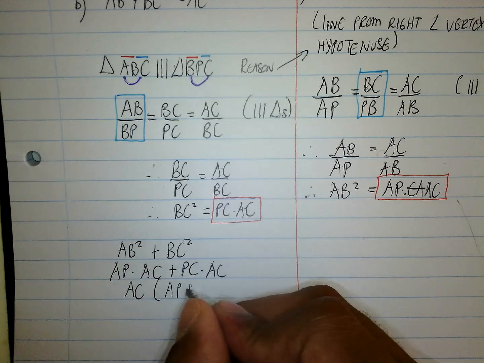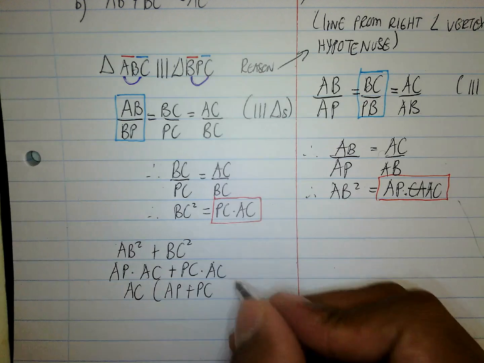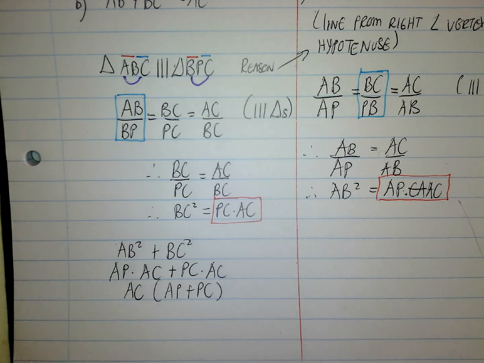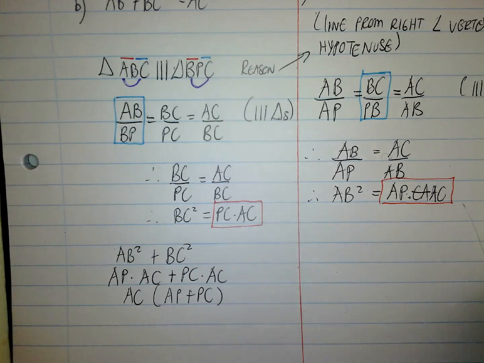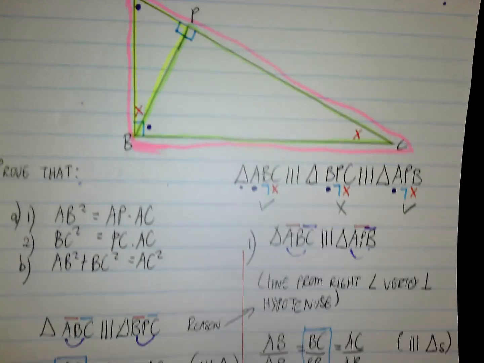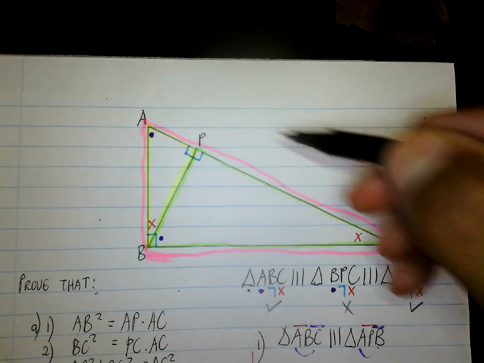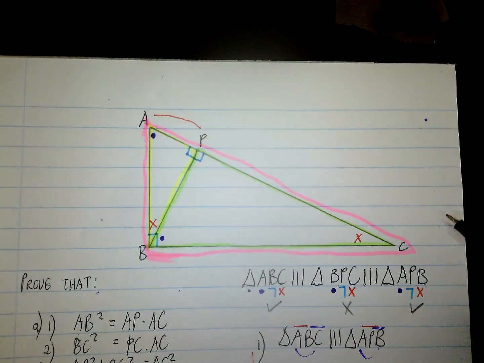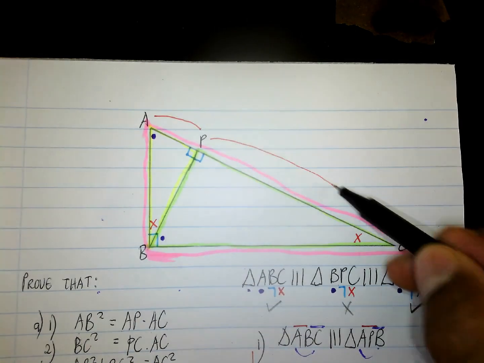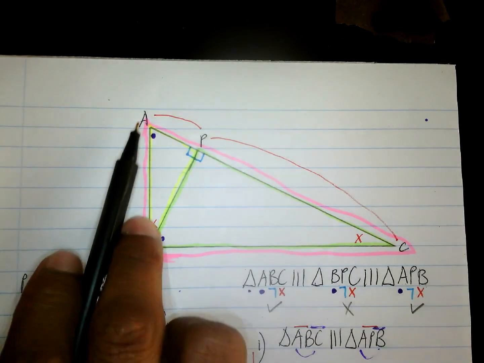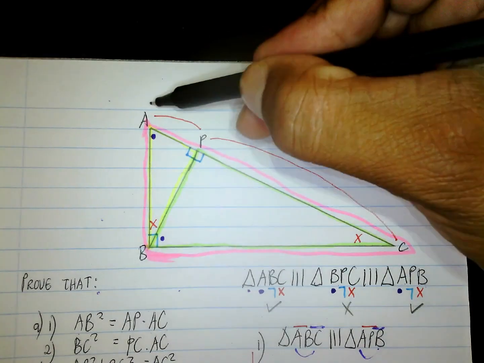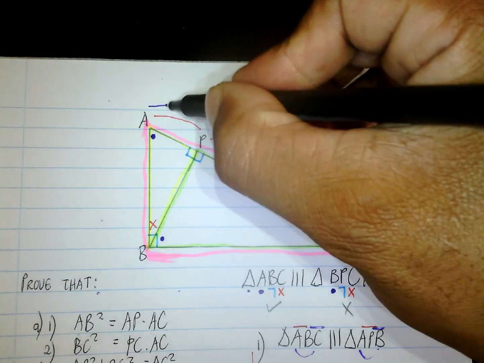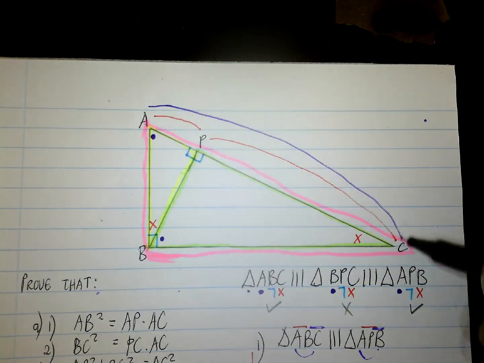Now looking at your diagram, what is AP plus PC equal to? Because we have a sum of AP and PC, meaning that these two line segments have a total line segment of AC.